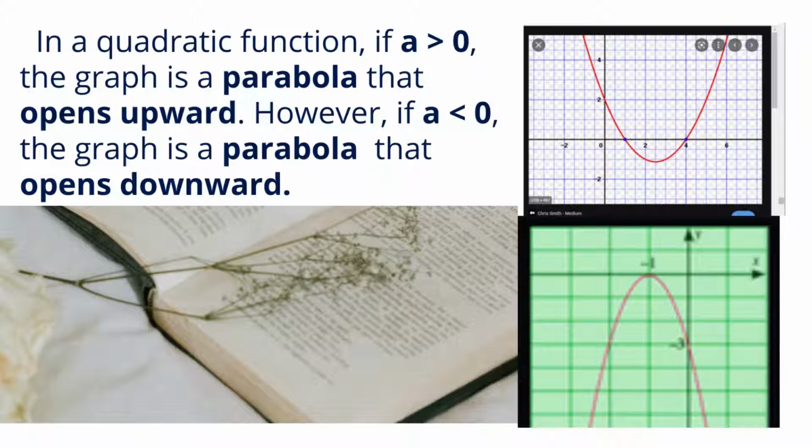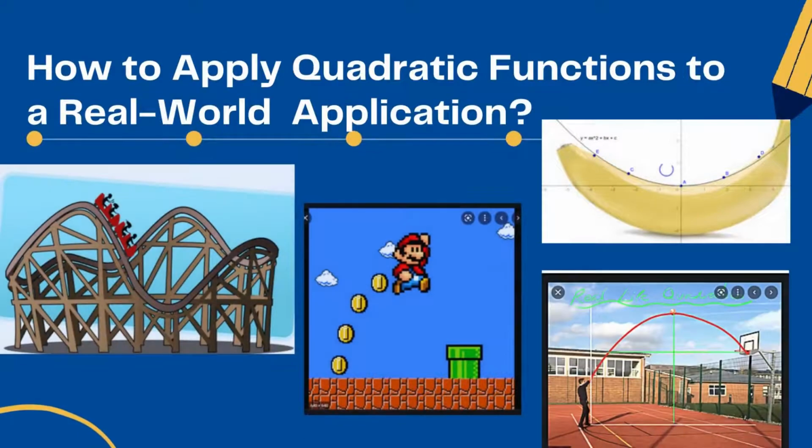However, if a is less than 0, or if a is negative, the graph is a parabola that opens downward, as you can see in the portion below. So it's either an upward or downward parabola if that is a quadratic function.